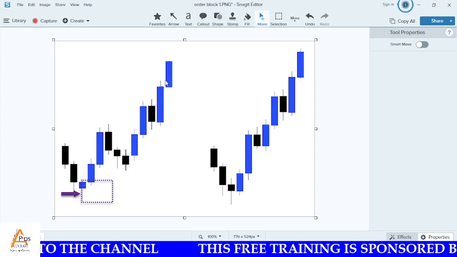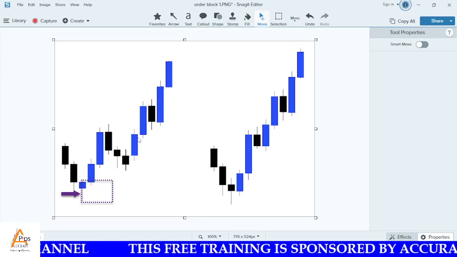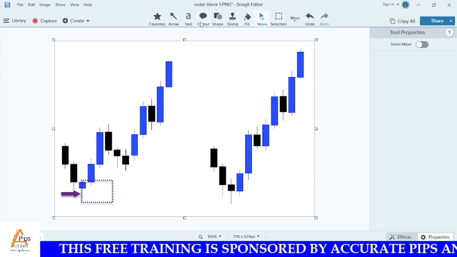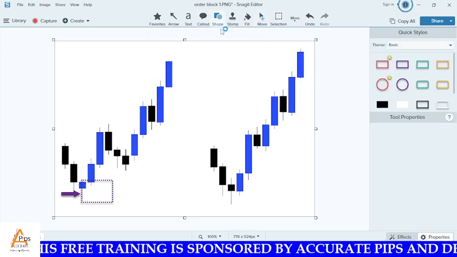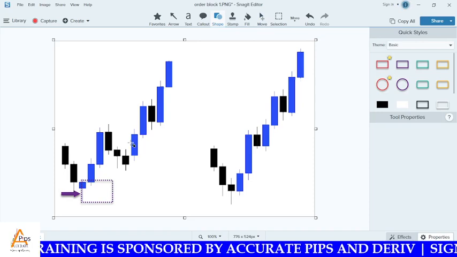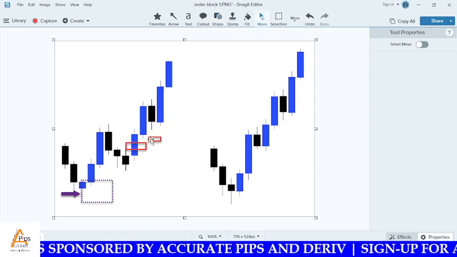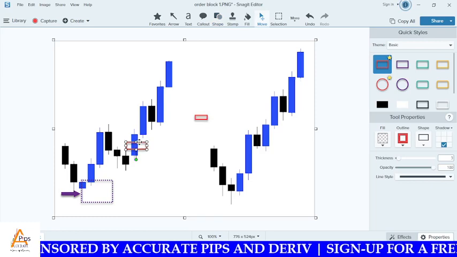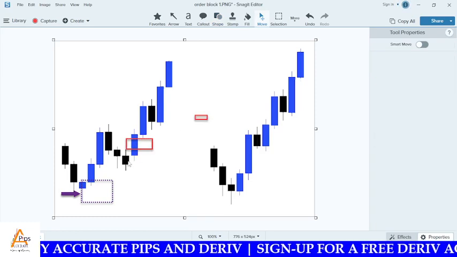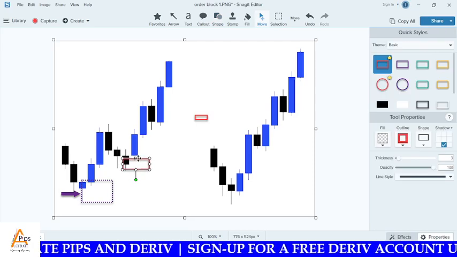But then the second thing is we need to know if there is imbalance, and we have an imbalance over here. So this area between here to here, between this and this, we have imbalance here. So that makes this guy a valid order block.